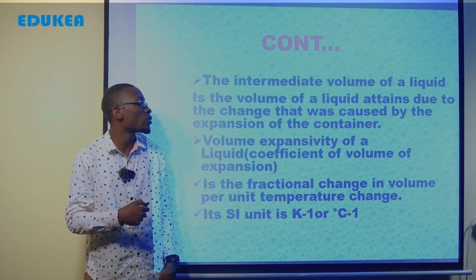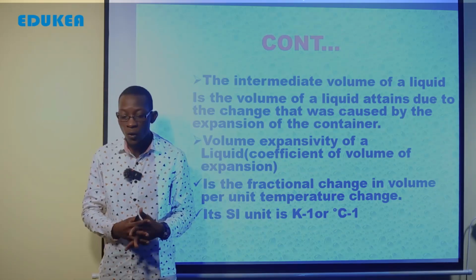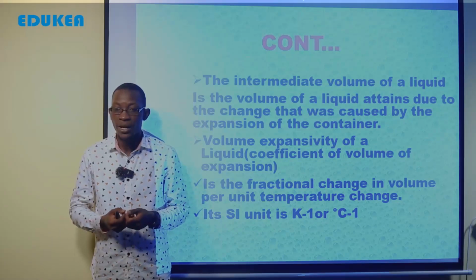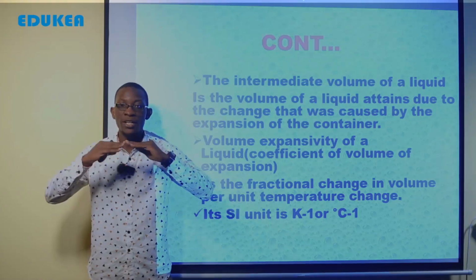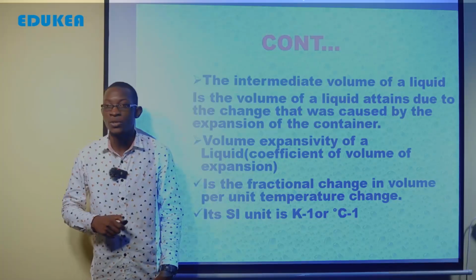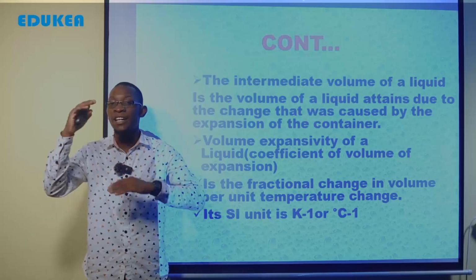Tulikuwa tuna container yetu, baada ile container yetu kutanuka, maana yake ile volume ina tend to decrease. Ile volume ikitend to decrease, ile is what we call the intermediate volume of liquids. Baada ya pale ita expand. Ile expand pale mwisho wake tutasema hiyo ni final volume.